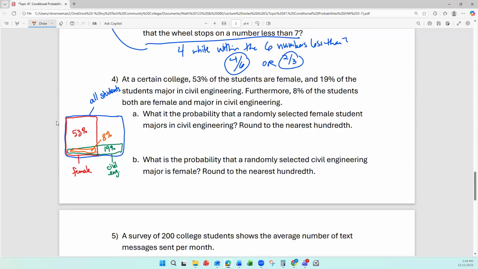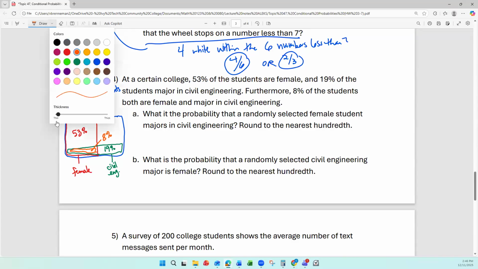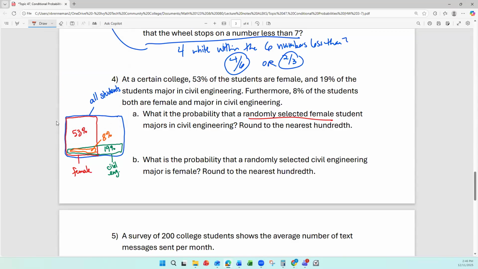So the probability that a randomly selected female student majors in civil engineering. There's no if or given here, but we are randomly selecting a female student. So we're not selecting out of everybody, we're only selecting out of the females.